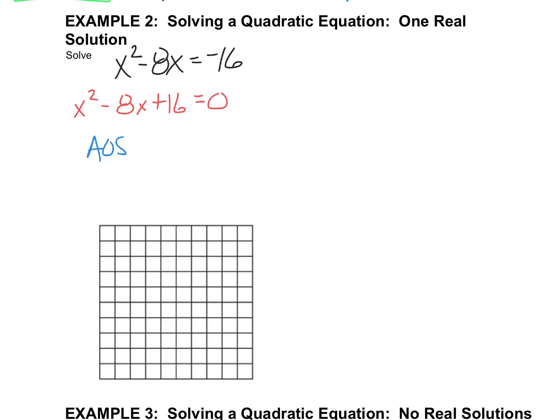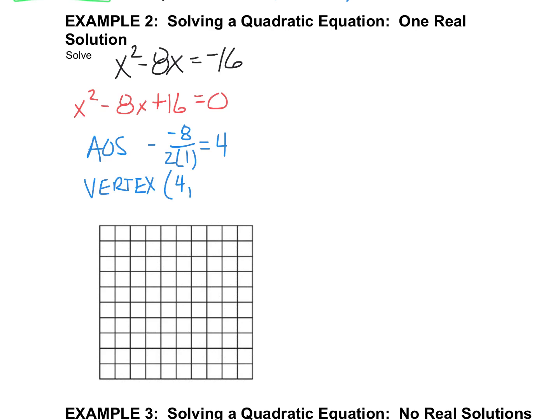My axis of symmetry is negative 8 over 2 times 1, which becomes positive 4. Then, to find my vertex, we know that the 4 is the x value of the vertex.